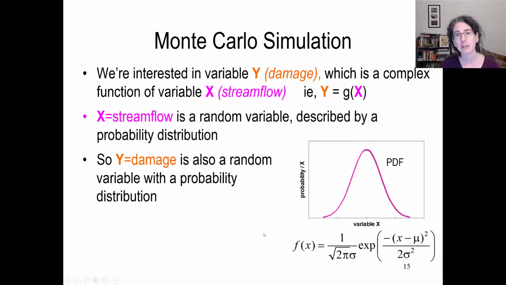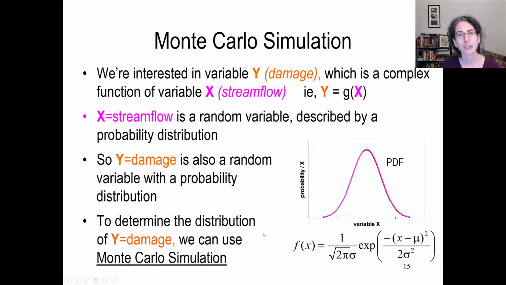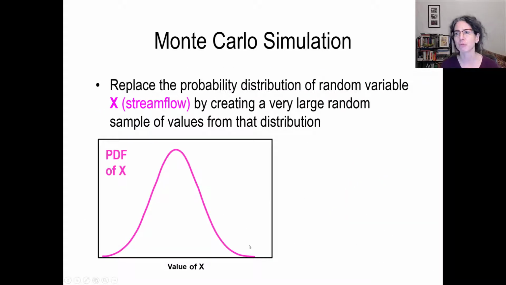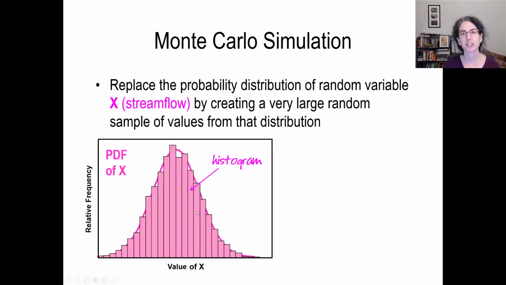So rather than attempt to do that, we're going to use Monte Carlo simulation to determine the distribution of y. The first step is to replace our random variable x and its distribution by a very large sample of values from the distribution of x. So this histogram represents the very large sample of values. Now, this is kind of the opposite of what we did in the last lecture.